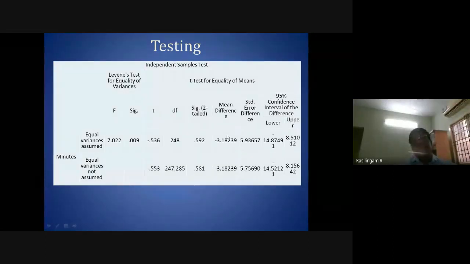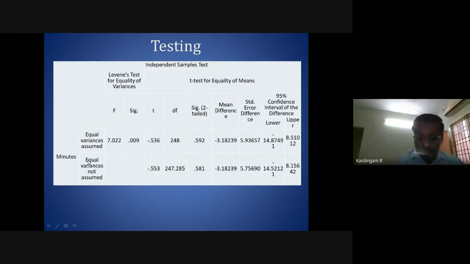Okay. Then we have to see the bottom one. Now what is the bottom one? Let us see the significant value of equal variance not assumed, which is 0.581.